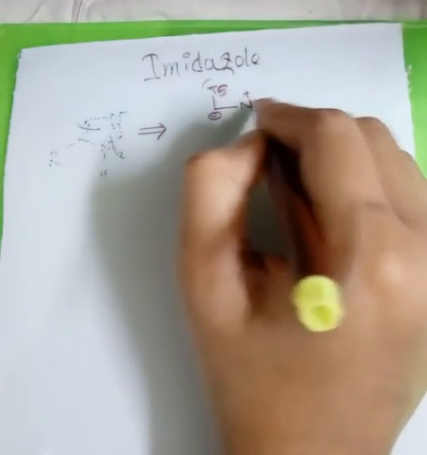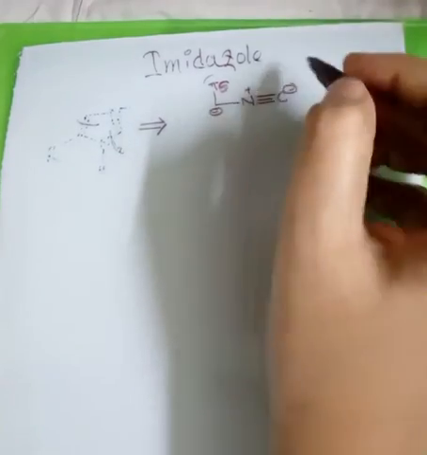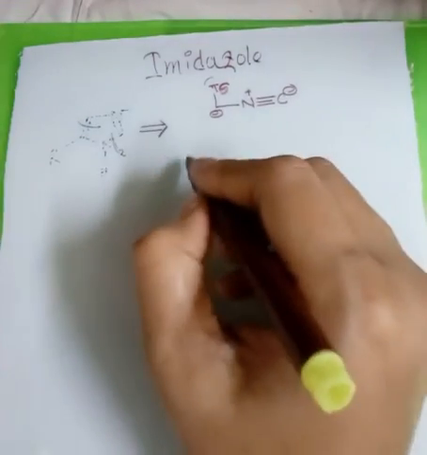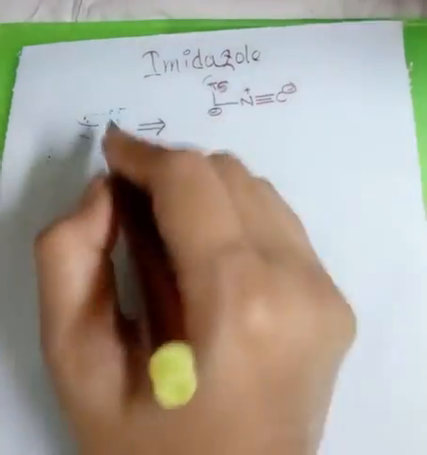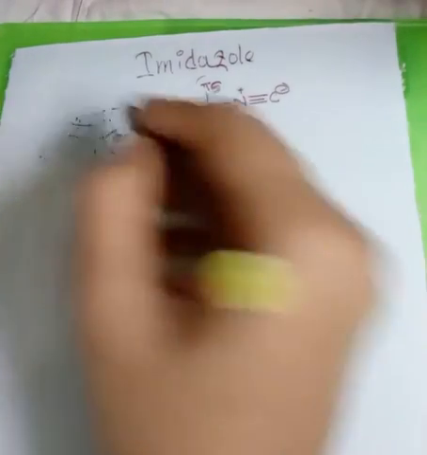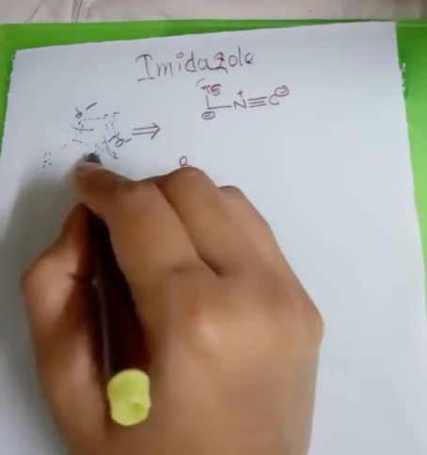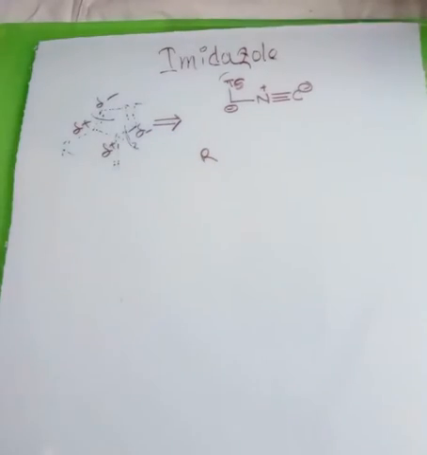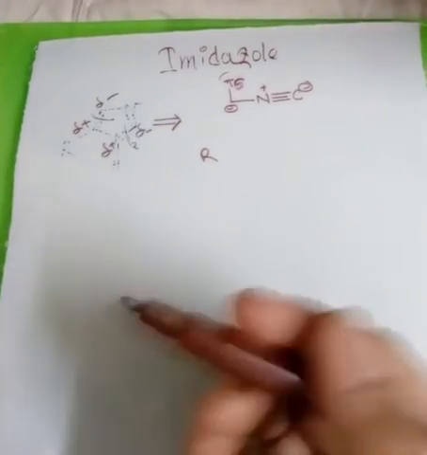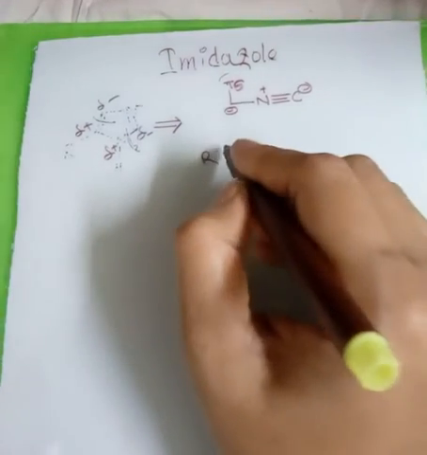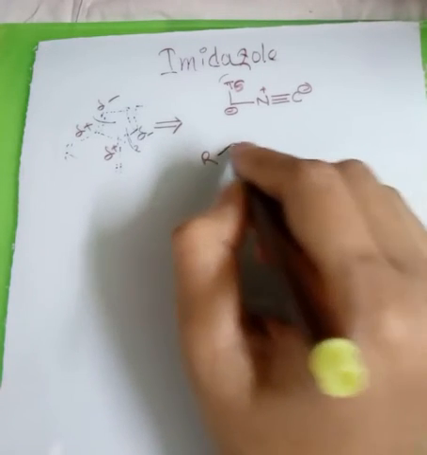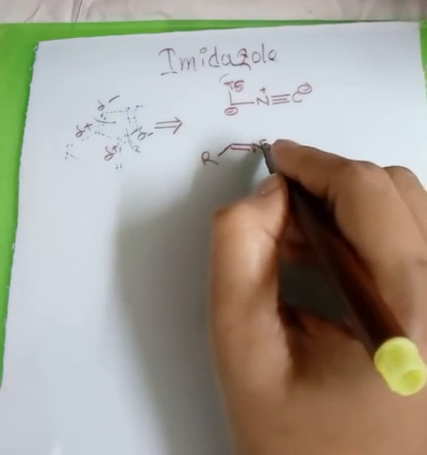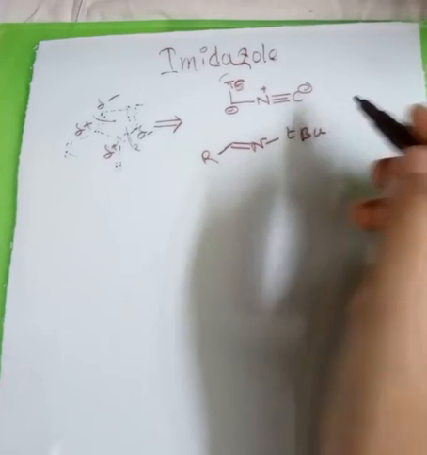Now here a CN group, cyanide group is present, and here also a negative charge, so it will get a positive, applying retro we get the synthon. And this is R here, double bond.